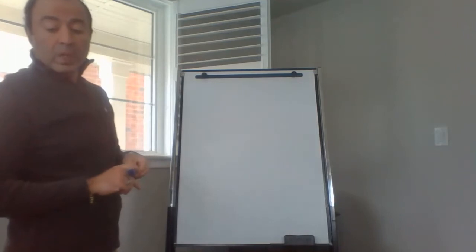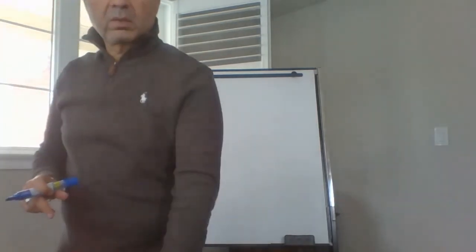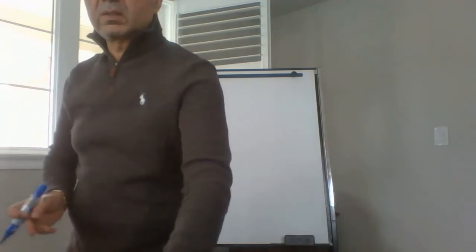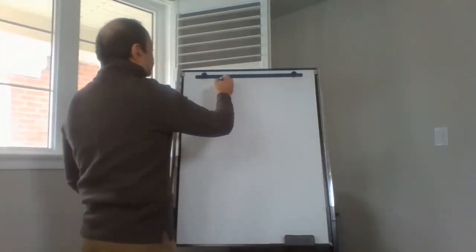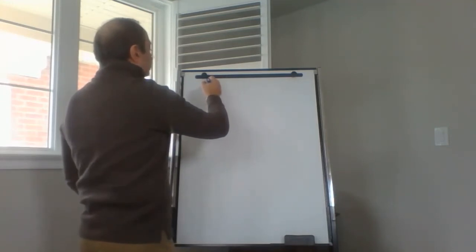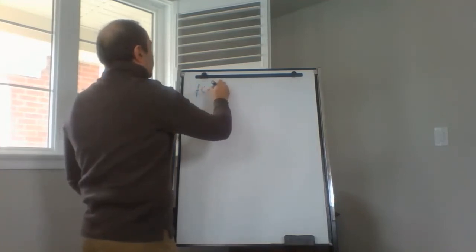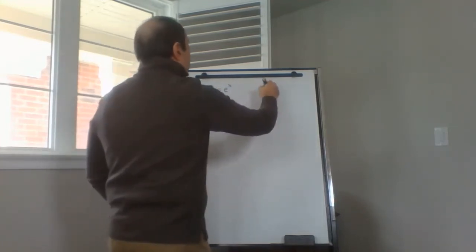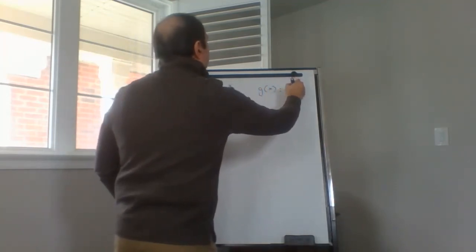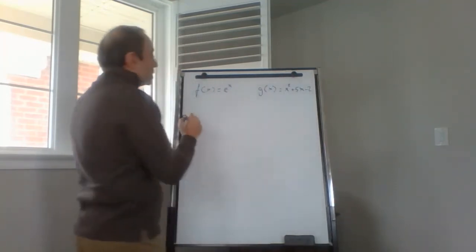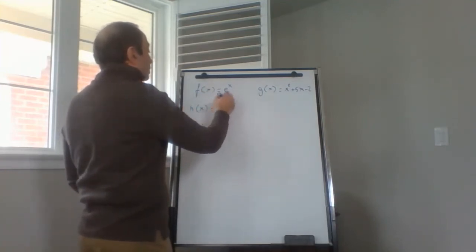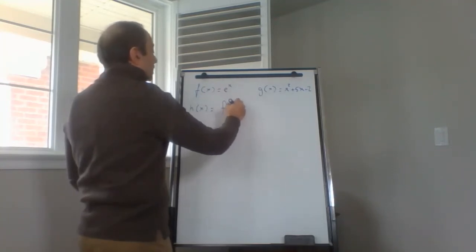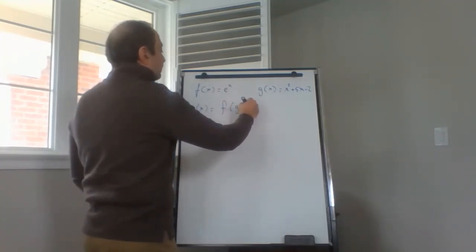Now we want to talk about what a composite function is. Let's say we have f of x equals e to the power of x and g of x equals x squared plus 5x minus 2. And we have a new function called h of x, which is a composite function of these two functions, which is equal to f of g of x.